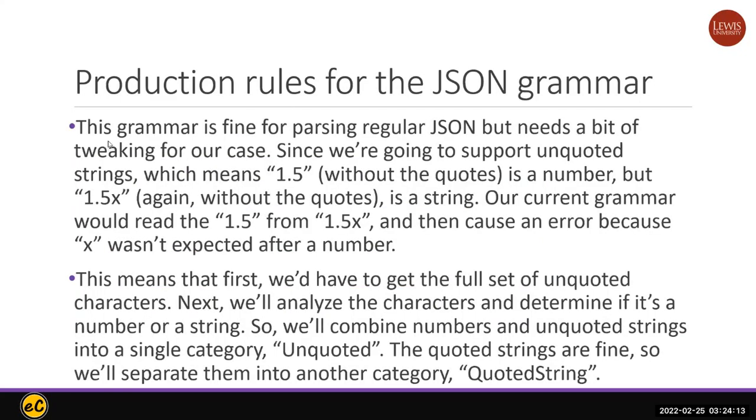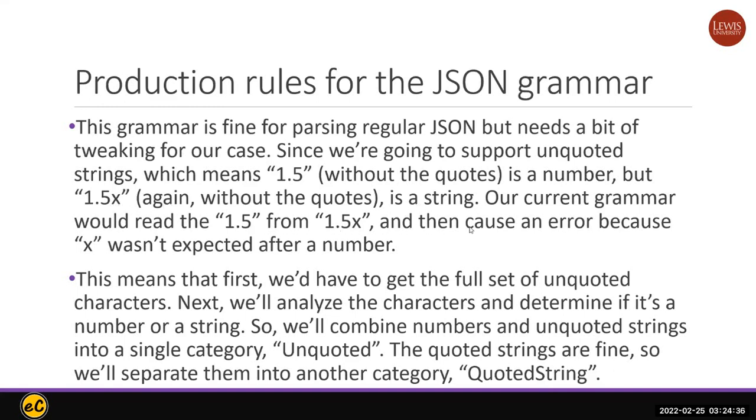These are the basic rules. This grammar is fine for parsing a regular JSON, but needs a little tweaking in our case since we are going to support unquoted strings. An unquoted string is without a quote. It's a number, but unquoted string means a string without quote.